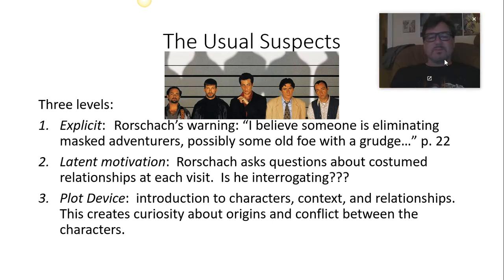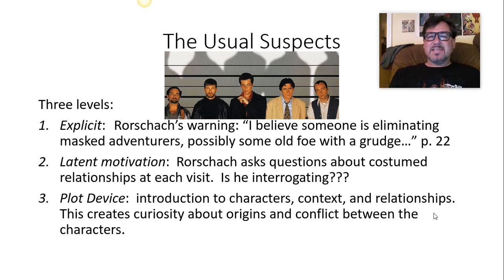So in The Watchmen, it's an interesting case because it starts off with Rorschach going between the various other members who previously had been of The Watchmen, and he's doing that because he says that he's worried and that he thinks that somebody might be killing superheroes or killing costumes. But it also seems that Rorschach is playing the role of the police detective of the hard-boiled detective films and also film noir.